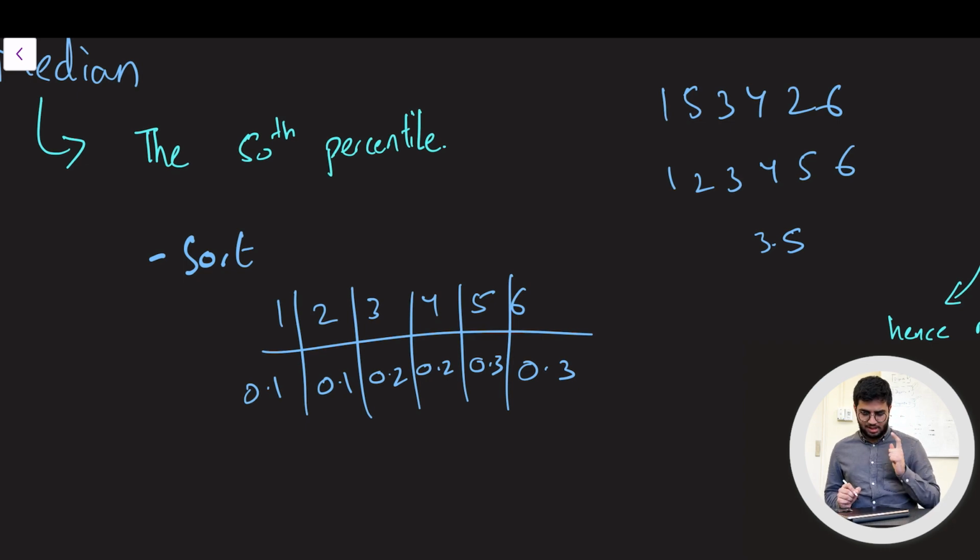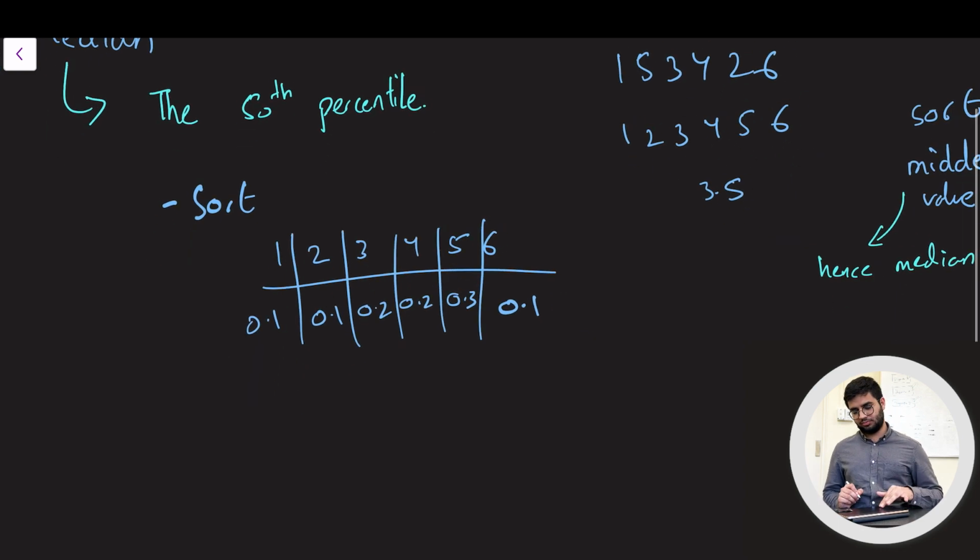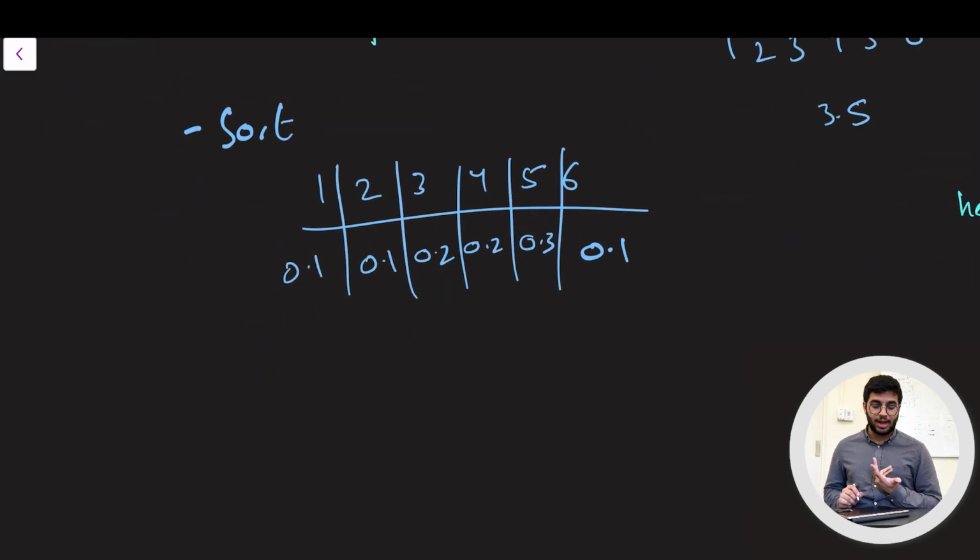I think it's incorrectly done, so let me just have a quick look at that. Yeah, that should be a 0.1 as well. You'll see why I did that later.